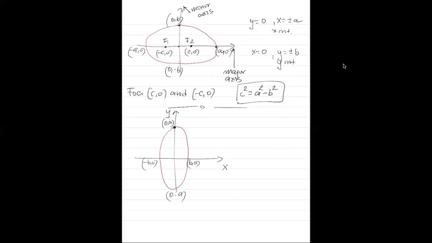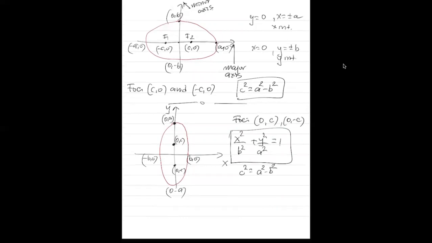The foci along the y-axis here, so that will be (0, c) and (0, -c). Then the equation becomes x squared over b squared plus y squared over a squared equals 1. Again, c squared is equal to a squared minus b squared. So basically we switch x and y, everything reversed.